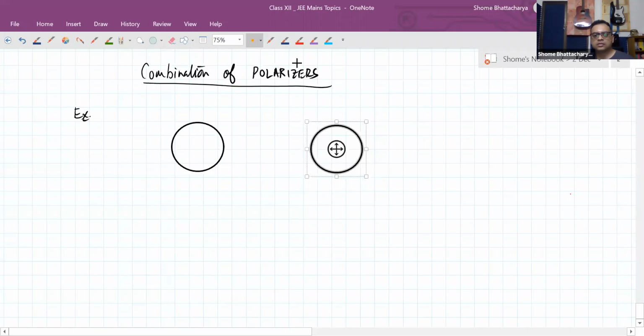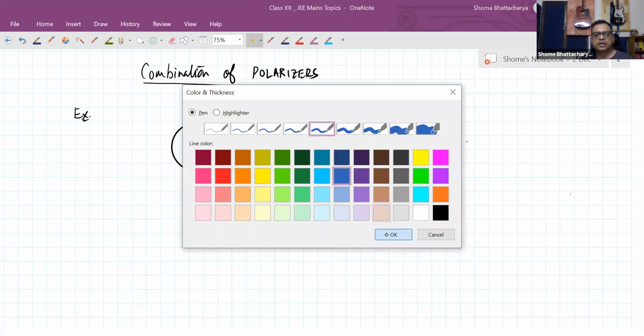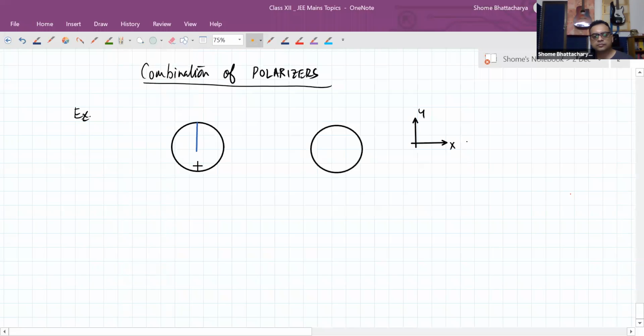Let us say that one of them, filter A, has its polarization axis as the y-axis, and the other one has the axis of polarization as the z-axis.